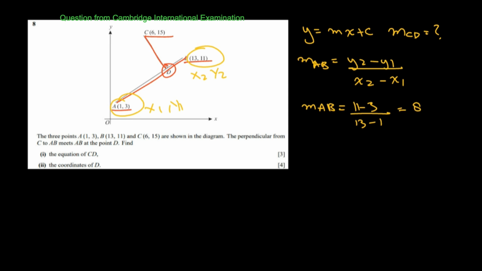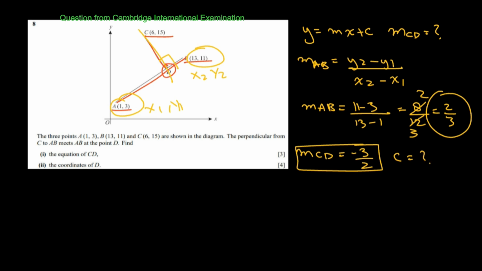So 11 minus 3 is 8 and 13 minus 1 is 12. Now 4 twos are 8 and 4 threes are 12. So the gradient of line AB is 2 over 3. Now the gradient of line CD, which is perpendicular to line AB, should be the negative reciprocal of 2 over 3. So the gradient of line CD equals negative 3 over 2.